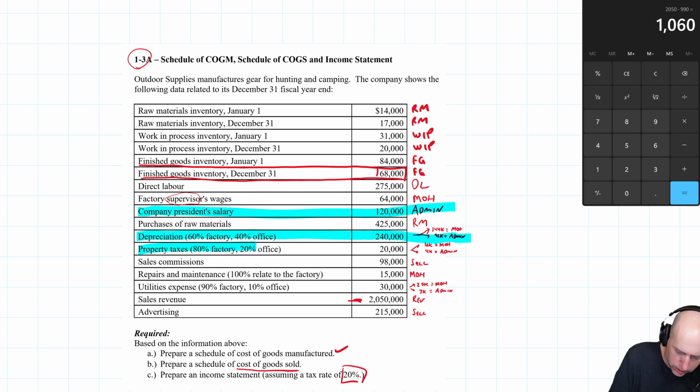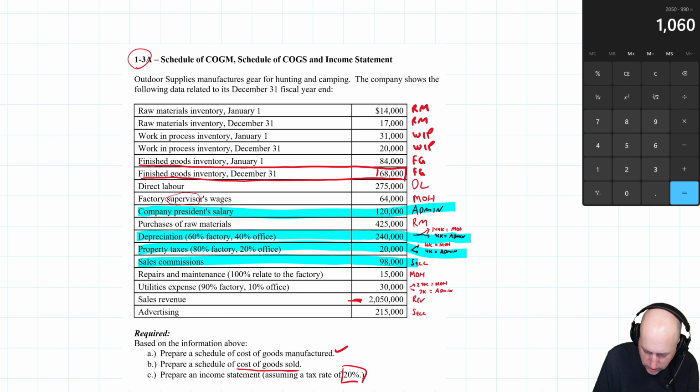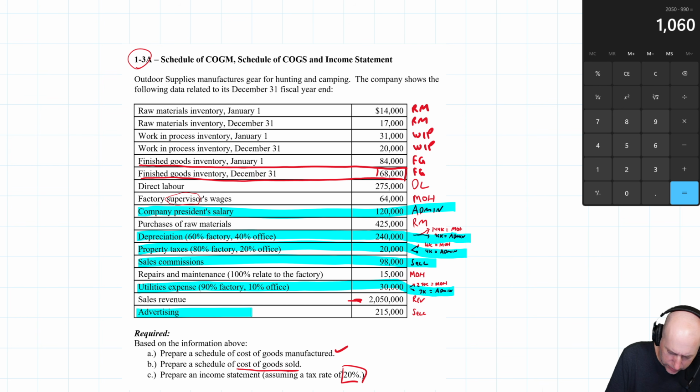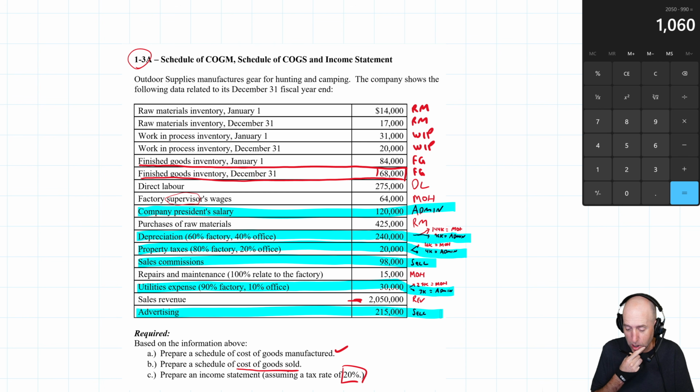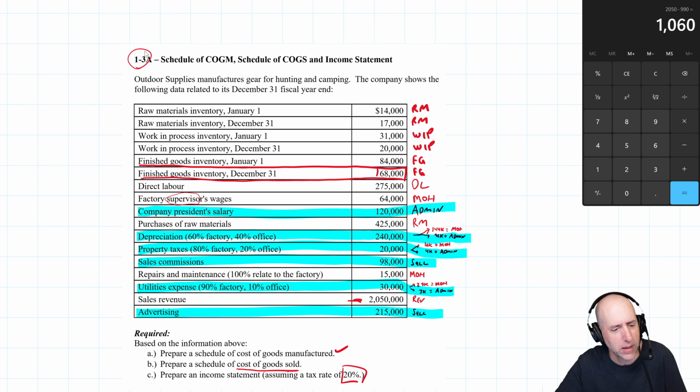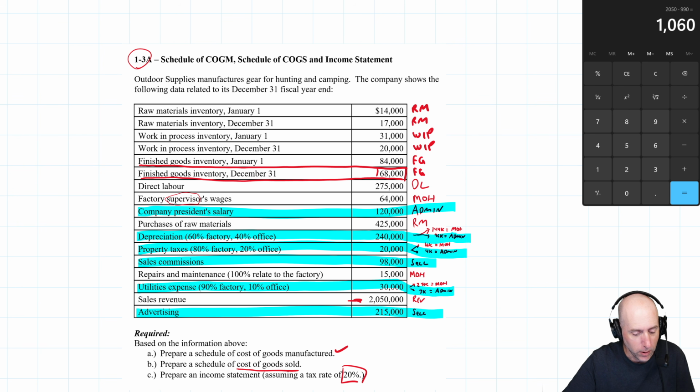Property taxes, which again have a little bit of admin. Sales commissions, admin. Utilities with some admin. And advertising, which is a selling cost. I don't think I'm missing any. So I have 1, 2, 3, 4, 5, 6 selling and admin costs. We just have to write them all out.